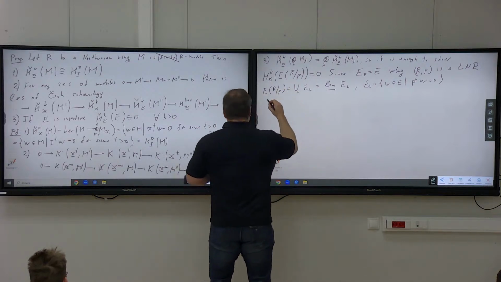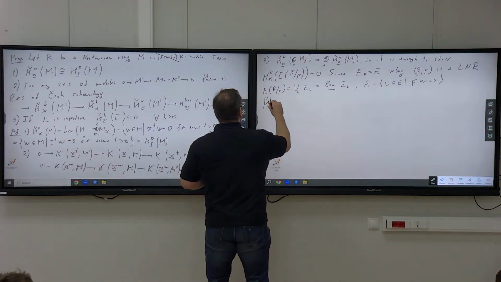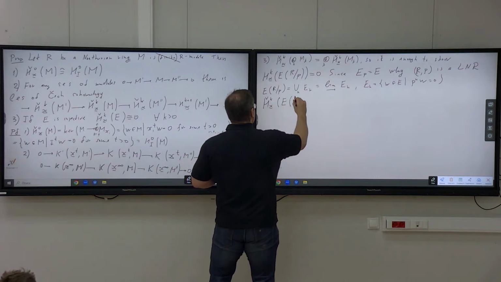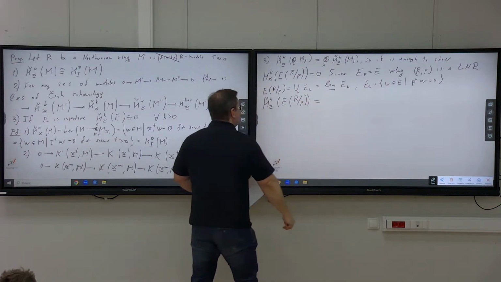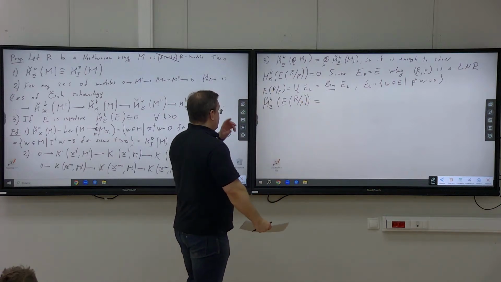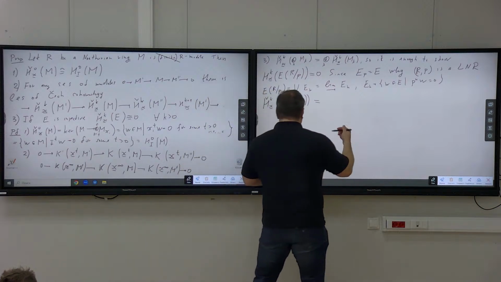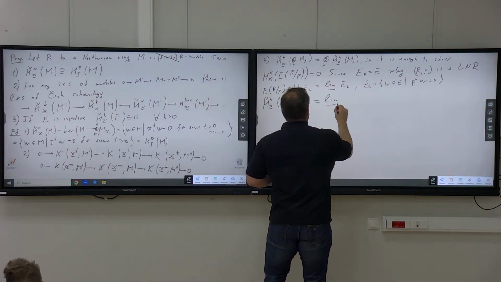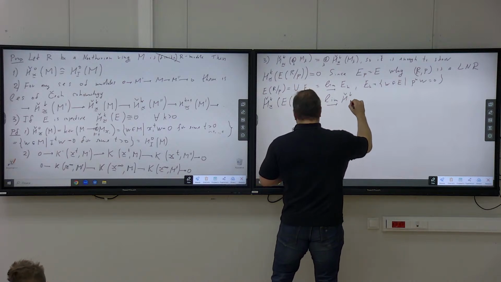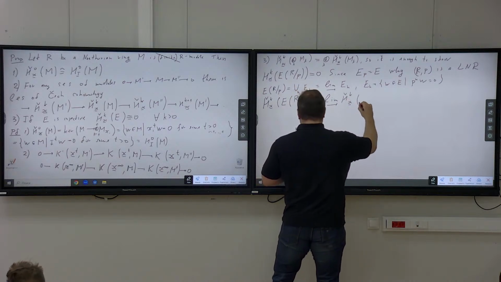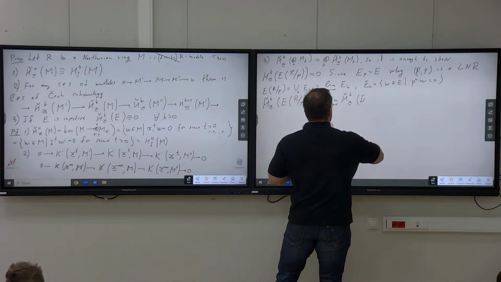So then the Čech cohomology of the injective hull of R modulo P, I can plug in this limit, use that the limit is exact, and pull it out and write the limit of the Čech cohomology of the E_n's.